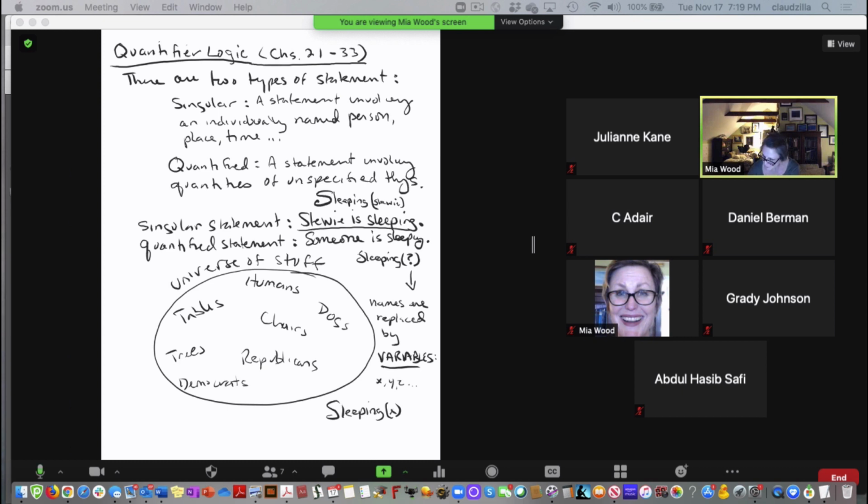All right, so now the question is, what is the quantity? In quantifier logic, we've got two quantities. Now, last week I talked about two types of statement, simple and compound, remember?